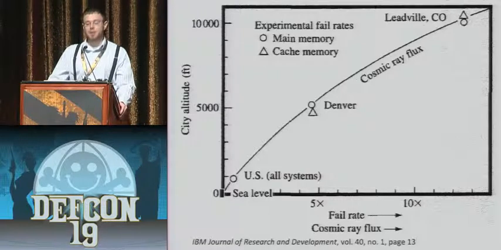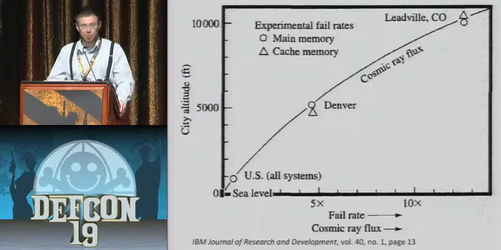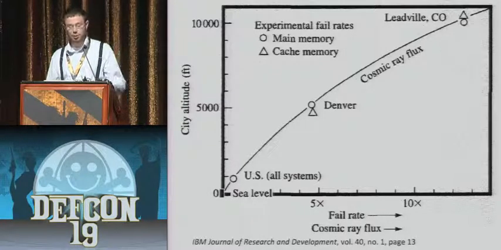This is a graph taken directly from the IBM Journal of Research and Development, volume 40, number 1, page 13, for those who are interested. And what it's plotting here is altitude versus cosmic ray flux, which go hand in hand. The higher up you go, the more cosmic rays there are since there is less atmosphere.